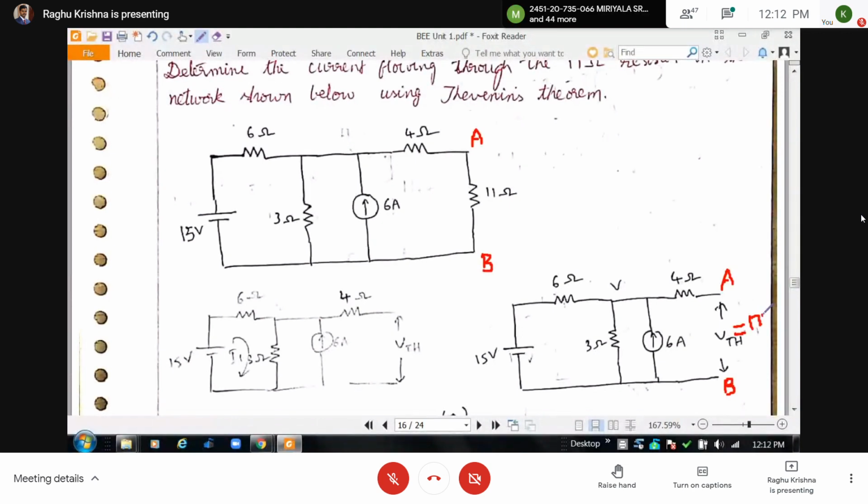VTH equal to 17 volts you are going to get.